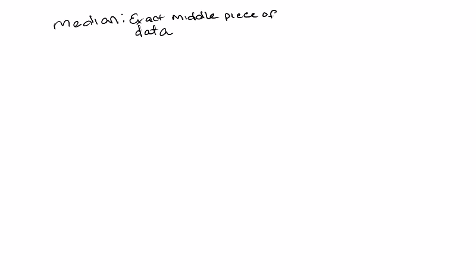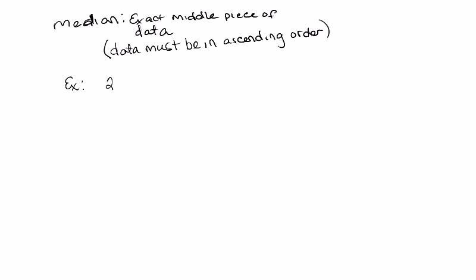Now the thing is, you have to be careful, because to identify the median, you have to have the data in ascending order. So the data must be organized, in ascending order. That means from lowest values to highest values. Let's take a look at an example, and we'll find the median.